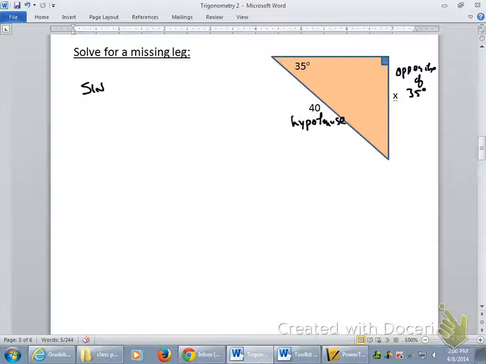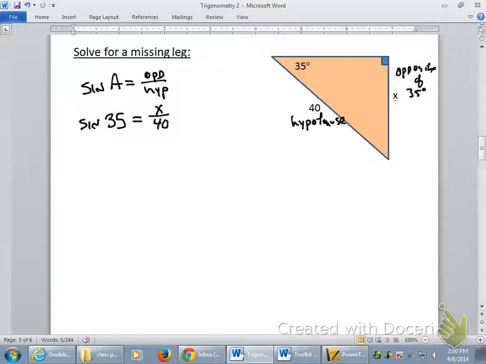Look at your definitions. All right, so sine of an angle is opposite over hypotenuse. And again, this is new to me. That's why I'm writing it down every time. And then I fill in the blanks. The sine of my angle. How big is my angle? It's 35. The sine of 35 degrees is x over 40.